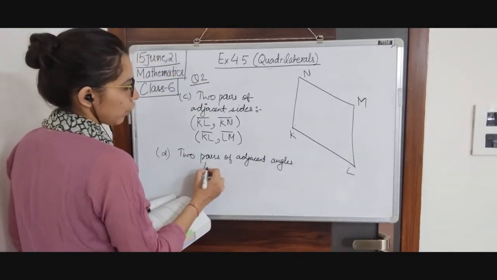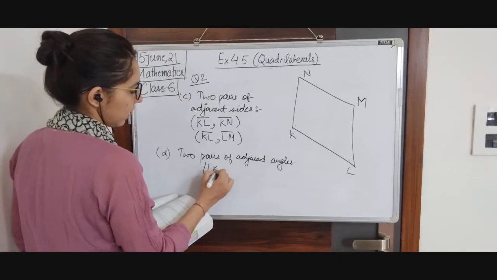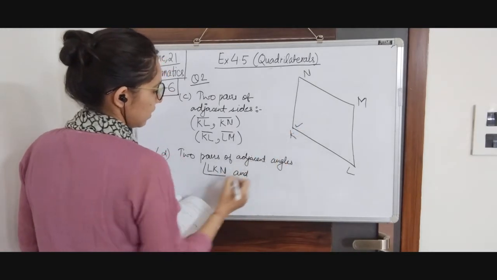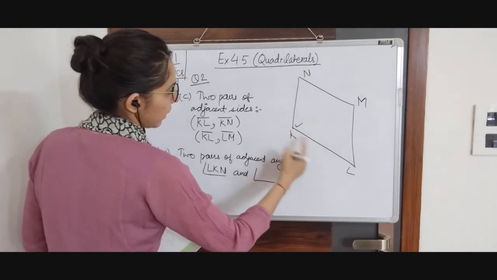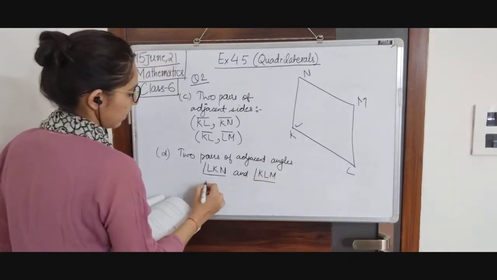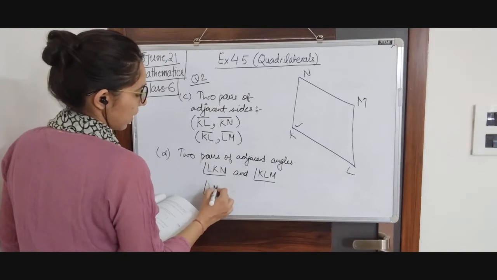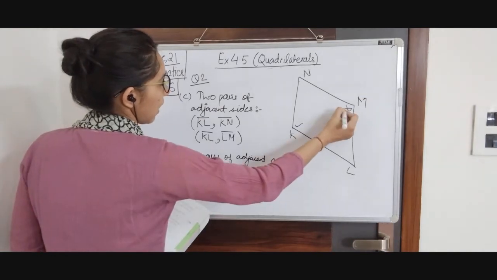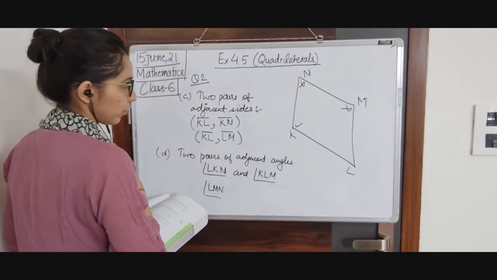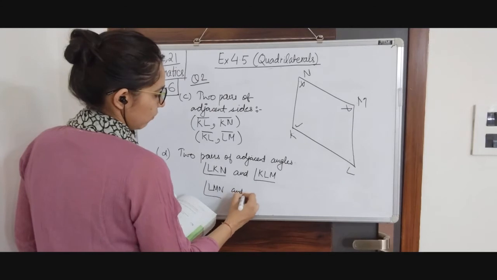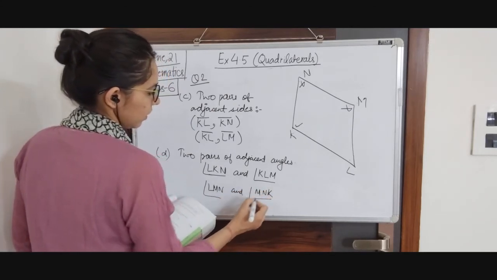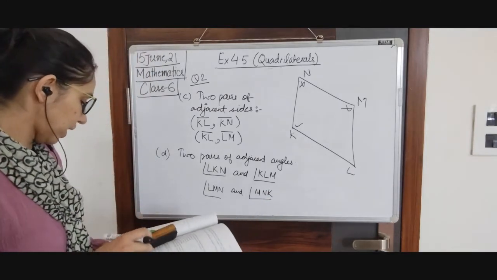Angle K, which will be written as LKN, and this is angle LKN. Then KLM, these are adjacent. Next pair is LMN, this angle, and the angle adjacent to it, which will be MNK. These are two pairs of adjacent angles.